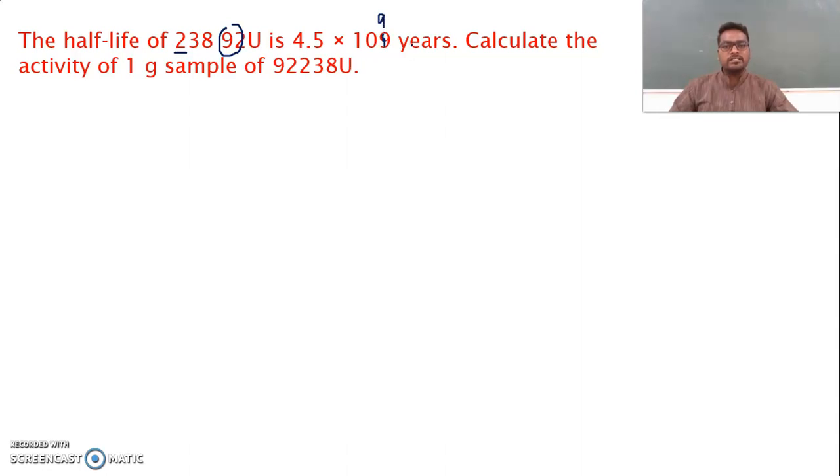There's a typing mistake in the problem. Calculate the activity of 1 gram of a sample of uranium-238. Dear student, this problem is very simple. In this problem he has given the half-life of uranium-238, which is 4.5 times 10 to the power of 9 years, and now we have to calculate the activity of 1 gram of sample.